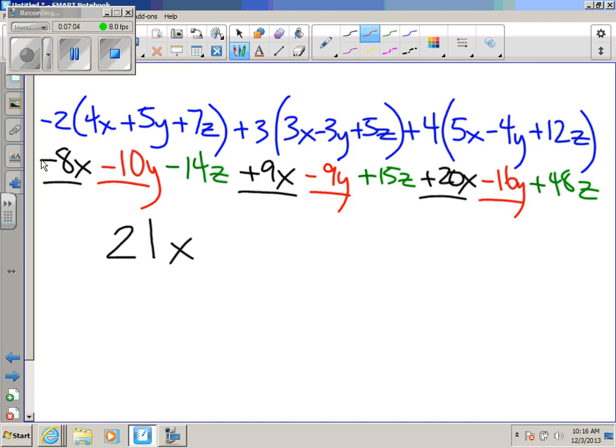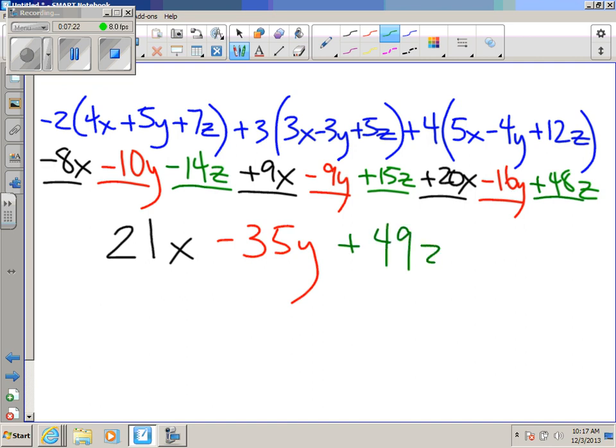Negative 19 with a negative 16 is a negative 35y. And then the negative 14, positive 15, again, puts us at that positive 1. Positive 1 with a positive 48, 49z. Okay?